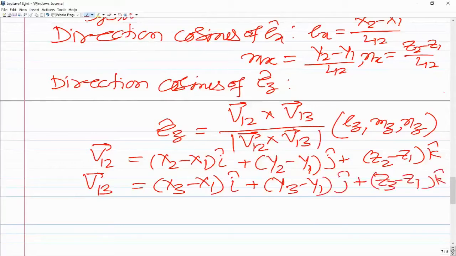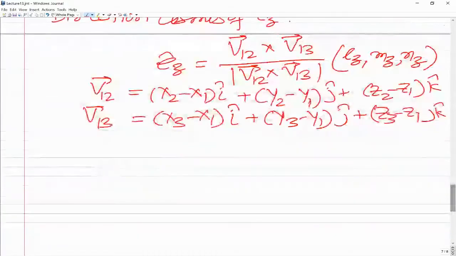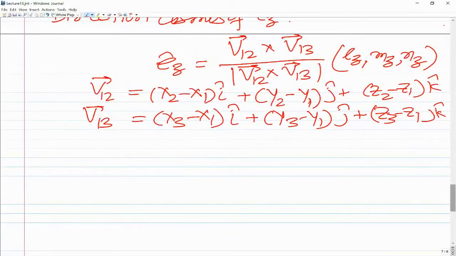Sir, why don't we use v14? Yeah, we can actually use v14 also. Basically we require each element to be in the same plane, so instead of v13, we can also use v14.